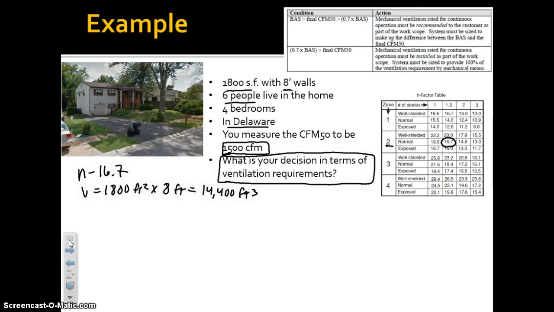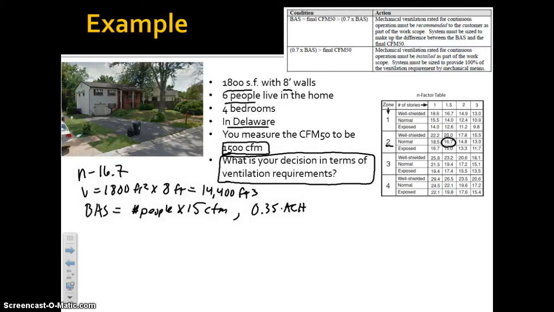So let's do our BAS calculation. Remember, our formula here is BAS is the greater of these two: the number of people times 15 CFM, or our 0.35 ACH.